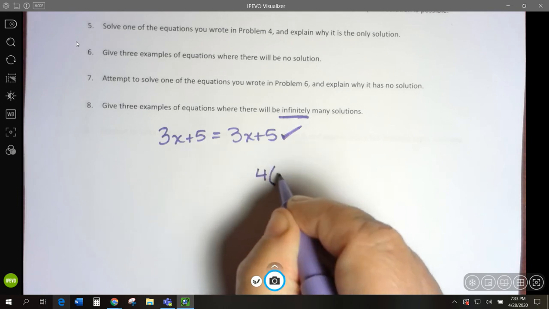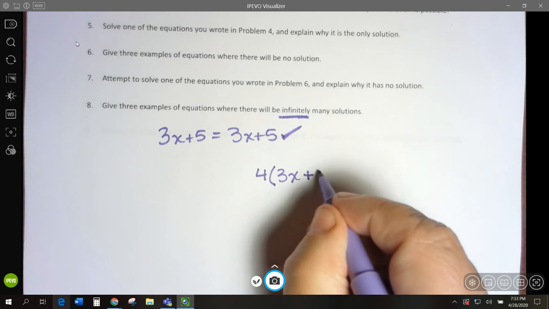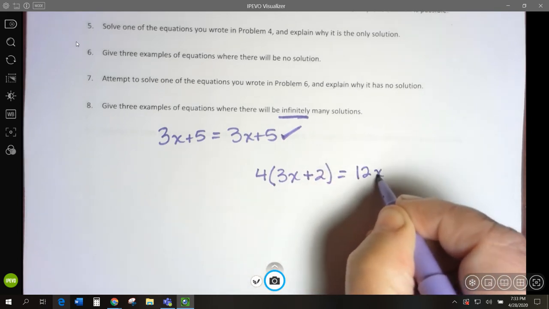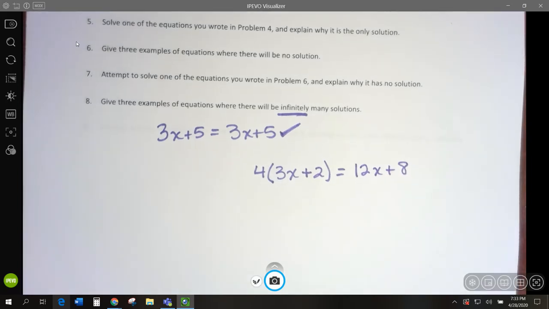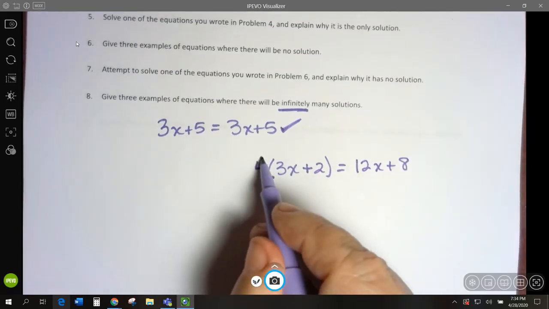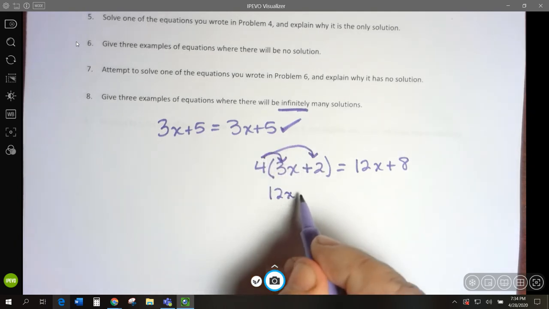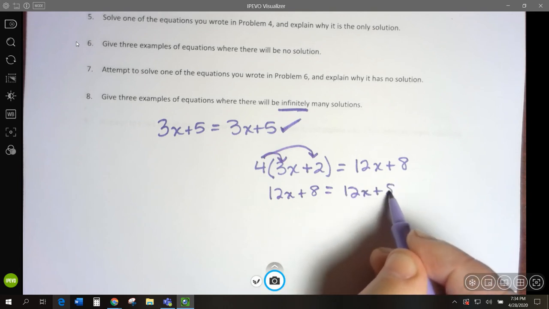Another one, let's use the distributive property. 4(3x + 2) = 12x + 8. They don't look the same, but do your distributive property. You're going to get 12x + 8 = 12x + 8.